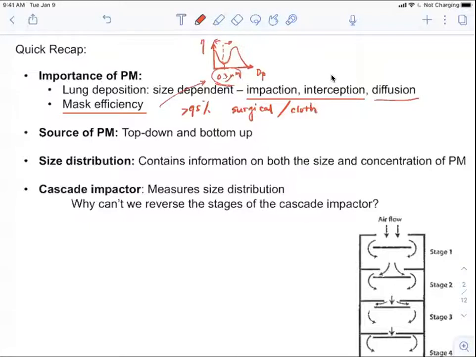More specifically, we mentioned that the size of a SARS-CoV-2 virus is around 0.1 micrometer, okay? So then you may have a question, well, does that mean that we're not safe with the surgical mask or cloth mask?